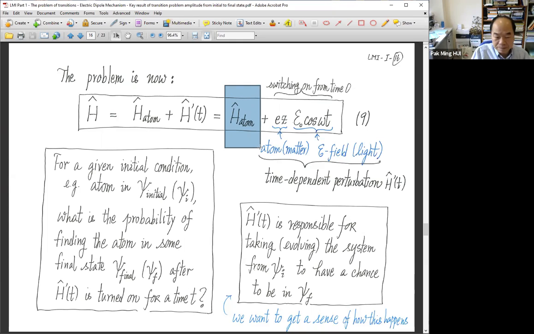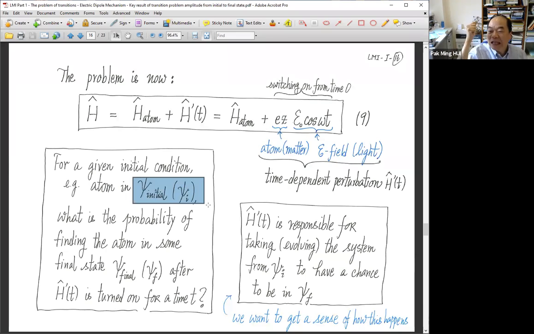things like that. Then we ask, if you are given an initial condition, for example, the atom initially is at 2p, then I start the light incidence at some time called time equals 0. That 0 is arbitrary set.